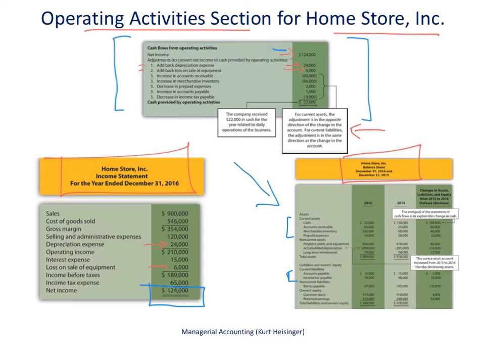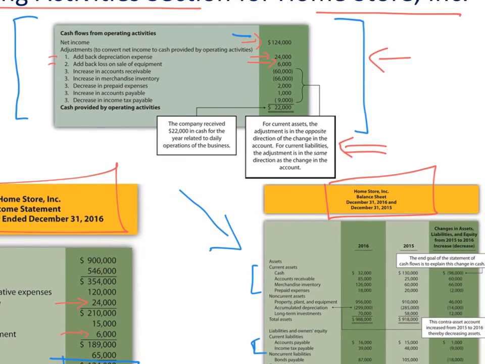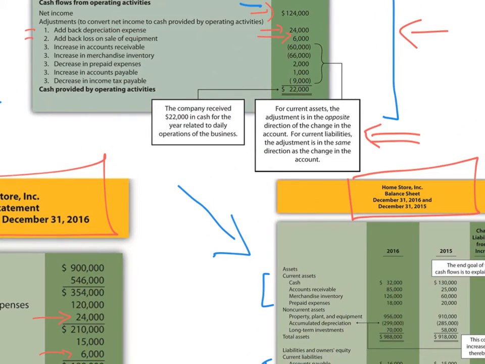So the key is to understand the change in current assets and the change in current liabilities and how those changes then are reflected up here in the operating activity section of the statement of cash flows. And that is described right here in this box. So for current assets, let me zoom in on this. For current assets, the adjustment is in the opposite direction of the change in the account.